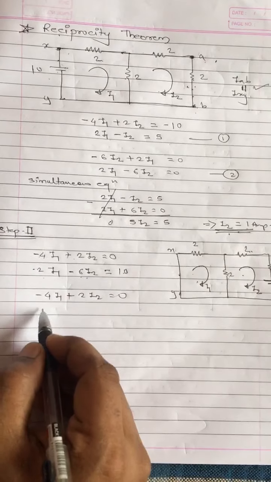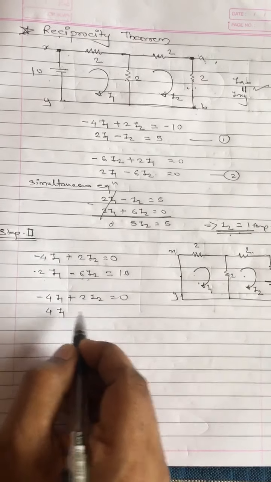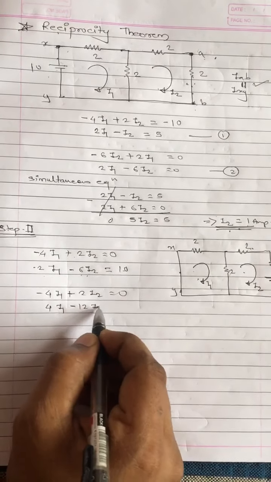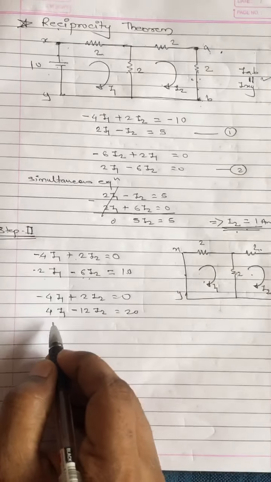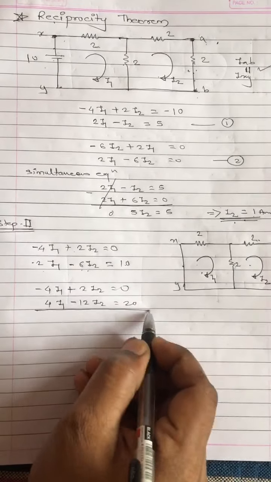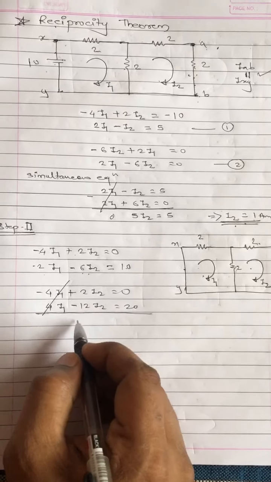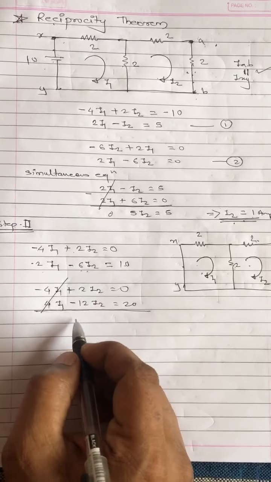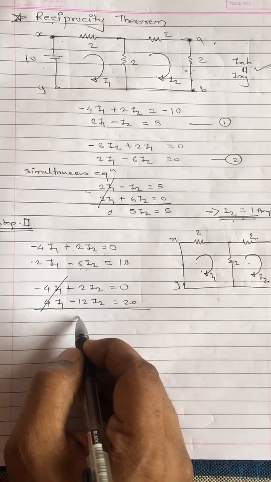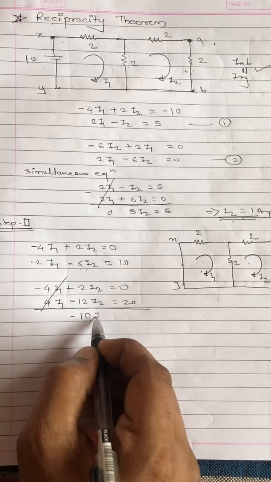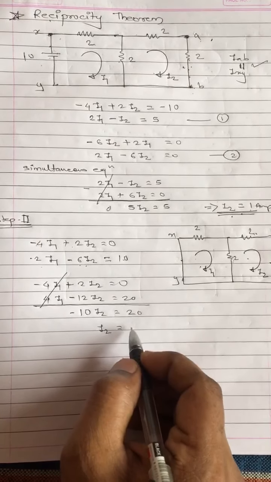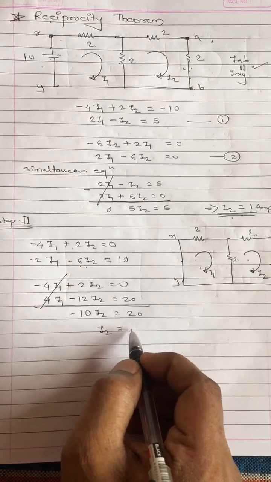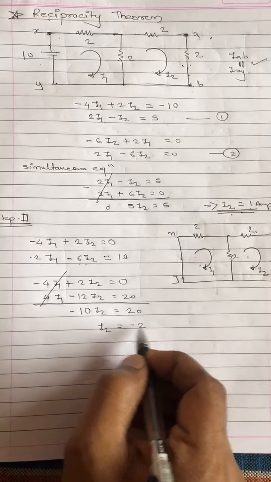Then multiply the other by 2, it will become 4 I1 minus 12 I2 equal to 20, right? Now if I solve this, this will cancel, here it will become minus plus, so minus 10 I2 equal to 20. So I2 is nothing but 20 divided by minus 10, which is minus 2.